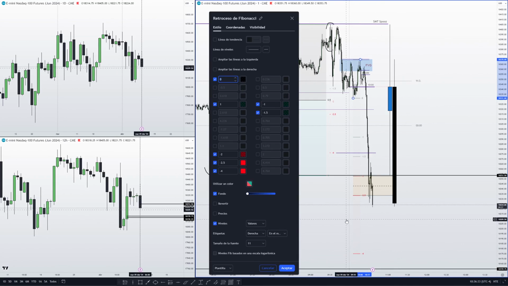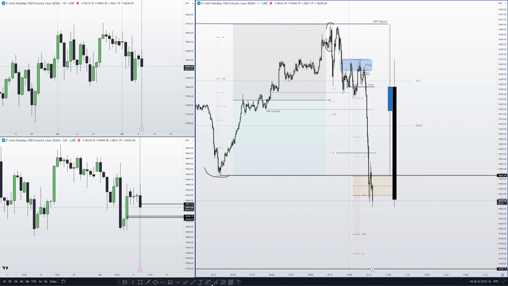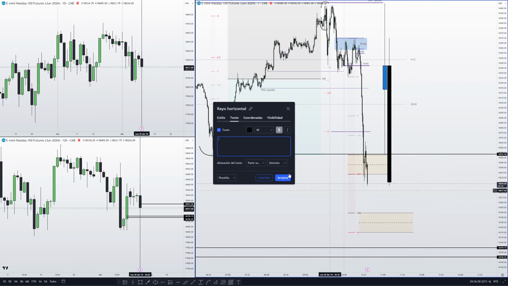Okay, price below 2.5 deviations. 3.5 here. This is the fair value gap, 15 minutes here. So this is the draw.